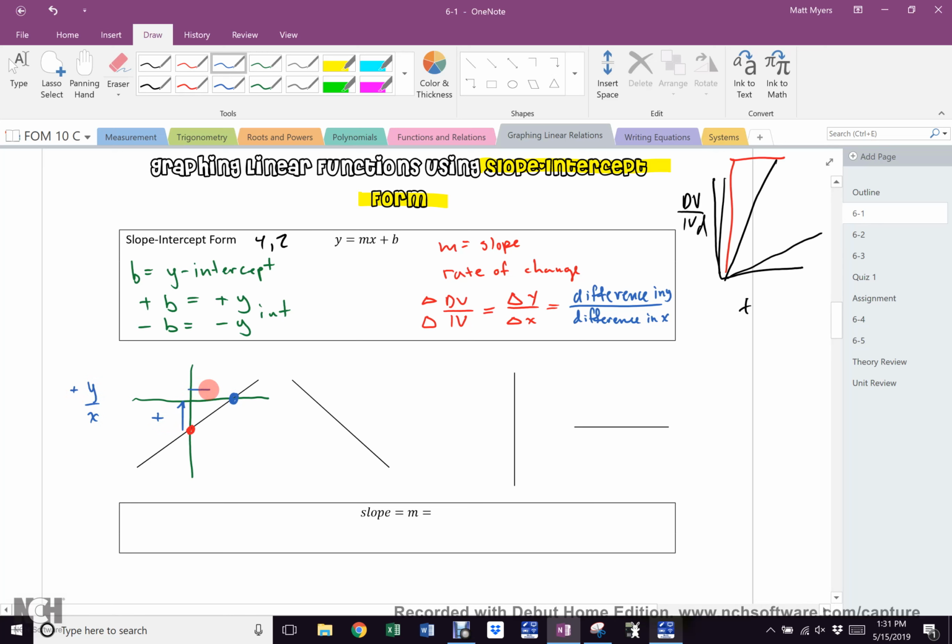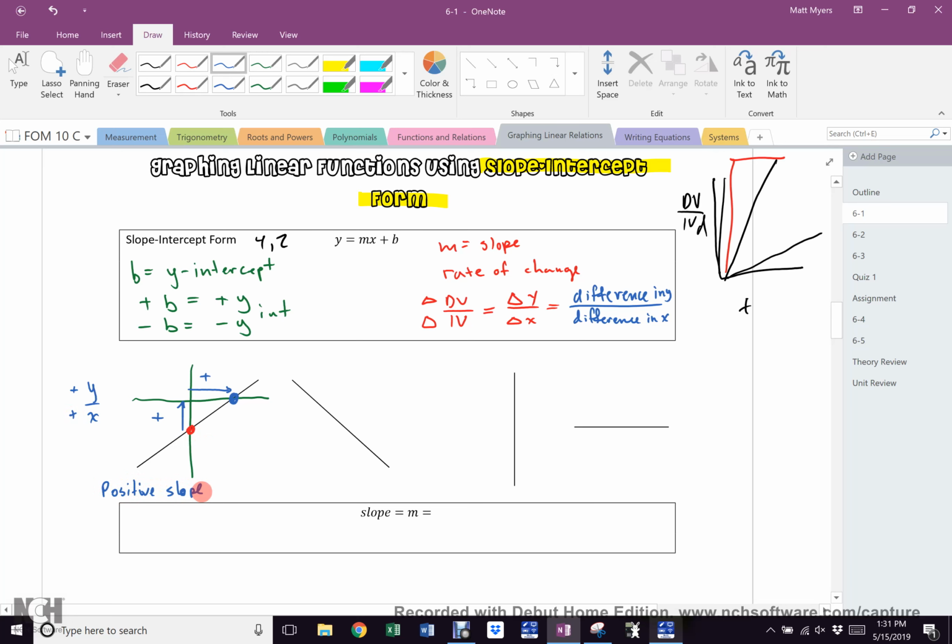And if I go this way, what is happening to my x's? Are they getting bigger or smaller? Bigger. So that's another positive change, isn't it? So that's a positive change divided by a positive change. If I divide positive by positive, what do I get? A positive number. So this is what we call a positive slope.